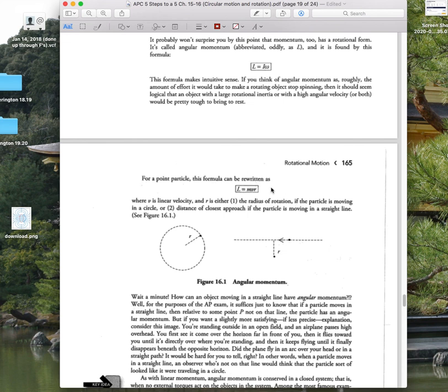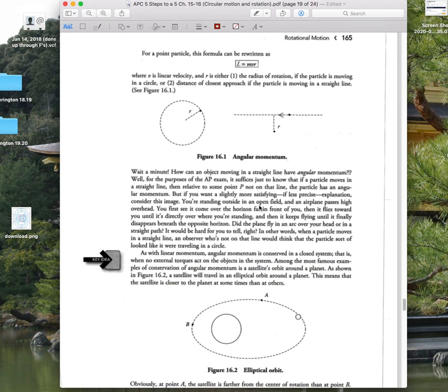So for a point particle, this could be rewritten as mvr. Well, why is that? Well, I, for a point particle, is mr squared. Omega is equal to v divided by r. So v divided by r times mr squared gives me mvr. Kind of nice to know that.